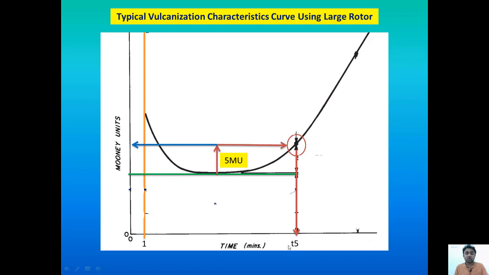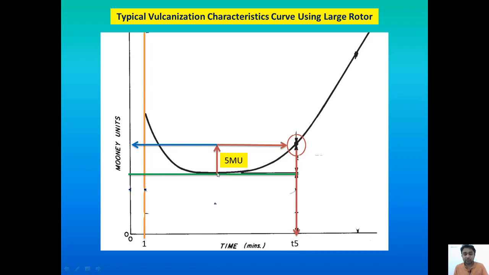This T5 is called the scorch time, where the vulcanization is started due to temperature and the presence of sulfur and accelerators in the rubber compound. This is called the onset of vulcanization or the initiation of crosslinks.